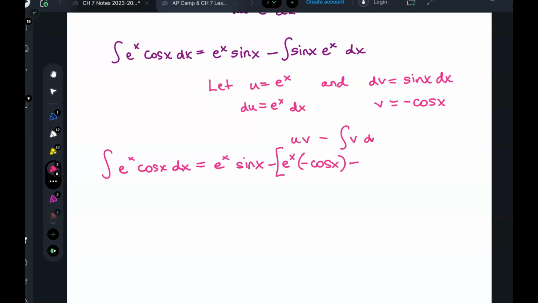Right, the integral, so it's minus negative cosine x times e to the x dx.